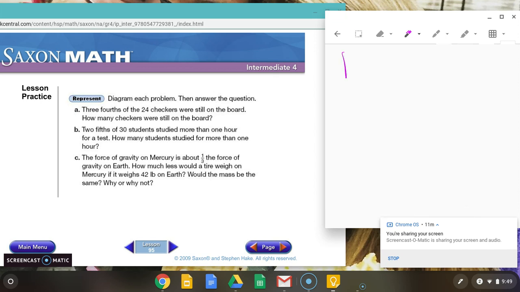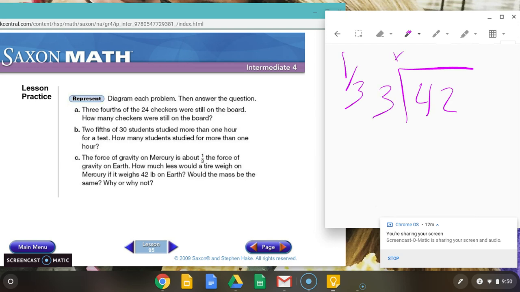So it's about 1/3 of the force of gravity on Earth. How much less would a tire weigh? So we have our total number, 42, and we are going to divide it by 3.